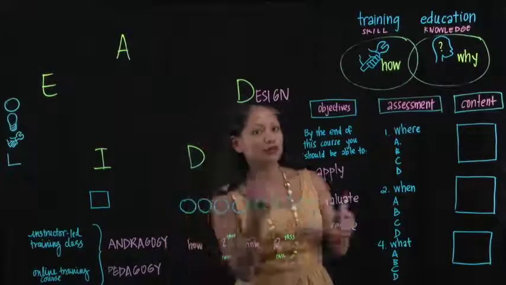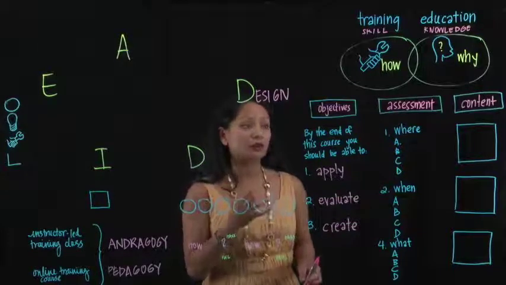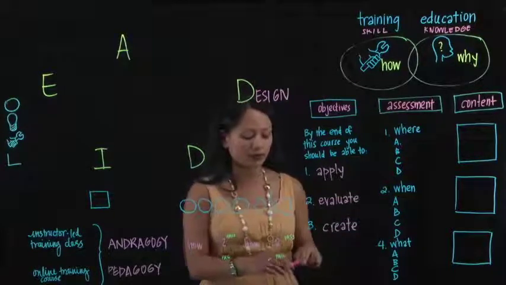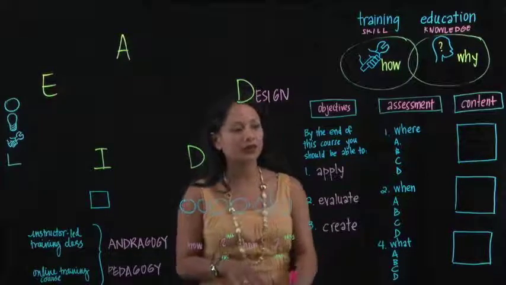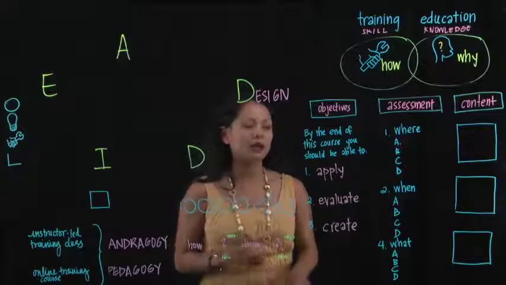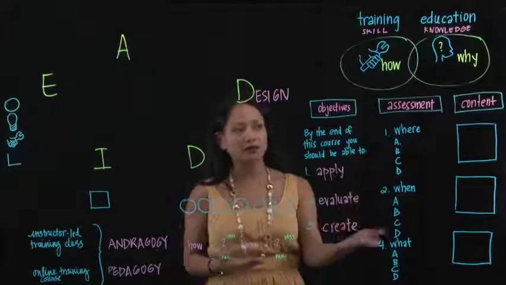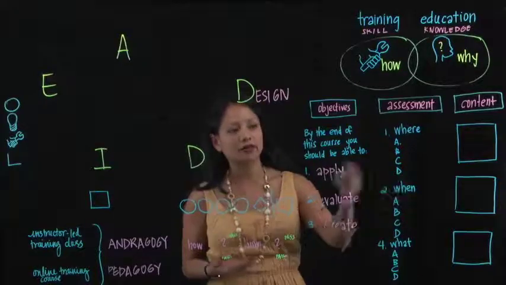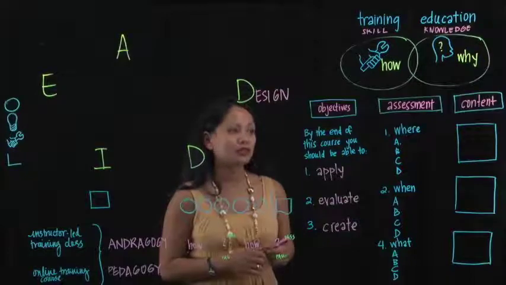That then brings you to the next step, which is assessment. For every single objective you've identified, what you want to do is come up with a way of demonstrating that it was successful in a measurable way. So I'm going to use a test as an example. If I were creating a test as my assessment, I would want to make sure that for every objective, I have a test question that measures that objective.